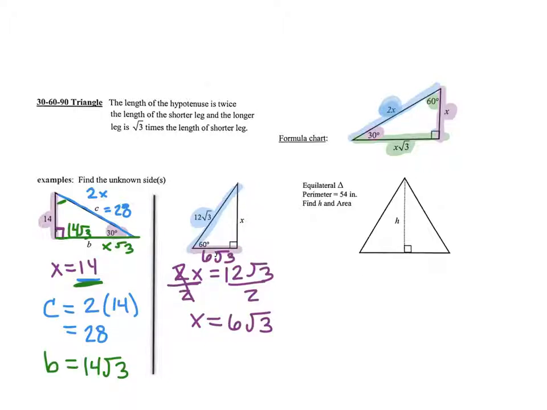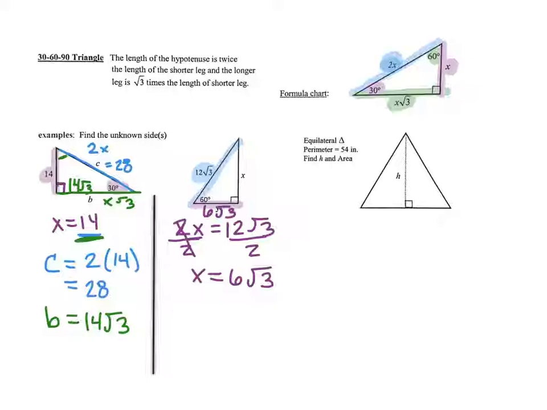And then from here, we can scoot everything up a little bit. We can use that information to find our long leg, because it's across from the 60. So that's our x square root of 3.